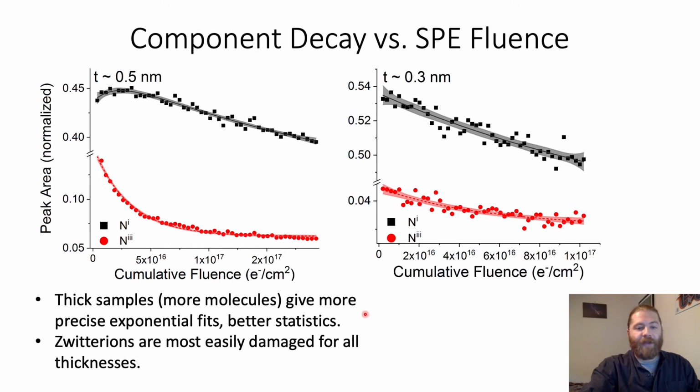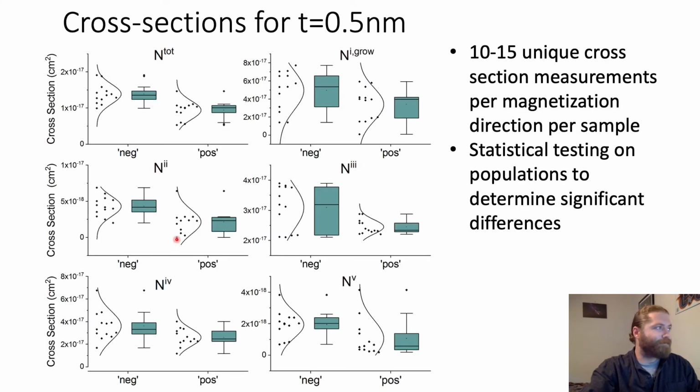Again, the thicker samples, because there are more molecules there and they're less strongly interacting with the surface, give better and more precise exponential fits, which ultimately give us better statistics. And we also see that the zwitterionic species, both in the thick and in the thinner samples, are damaged more readily than the neutral species.